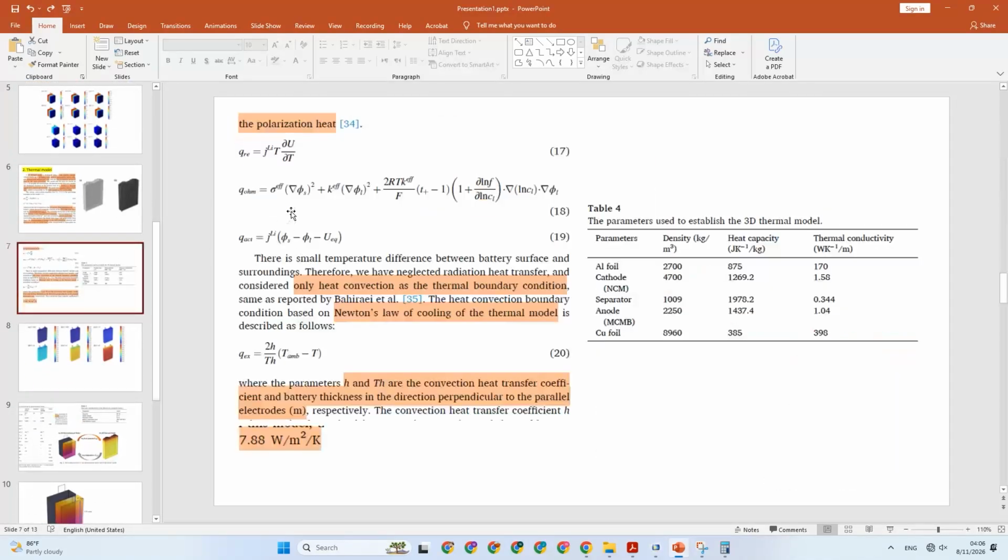This Q, reversible ohmic act, can be calculated by the first part by coupling, and we can write them by writing codes.